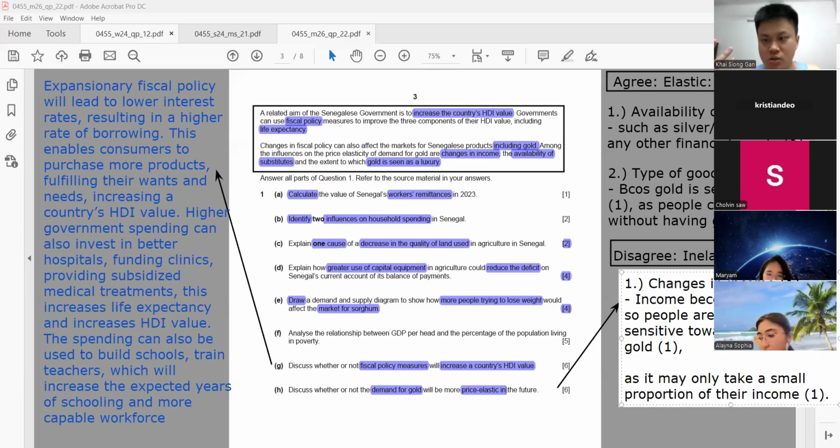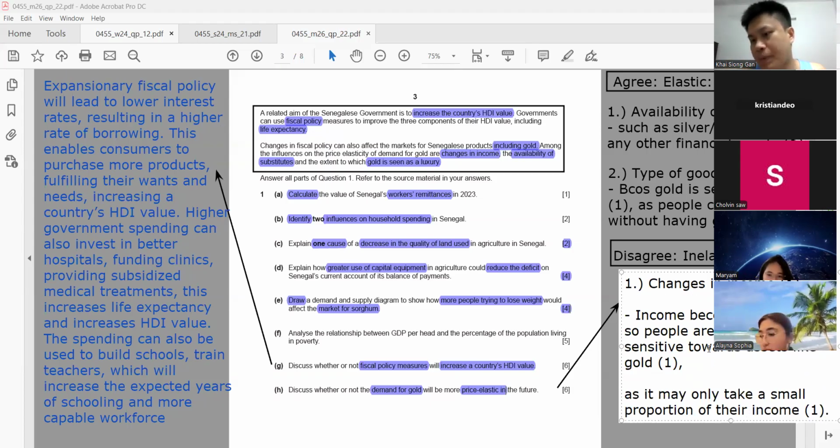People become richer, so when they want to buy gold, gold is like nothing for them.